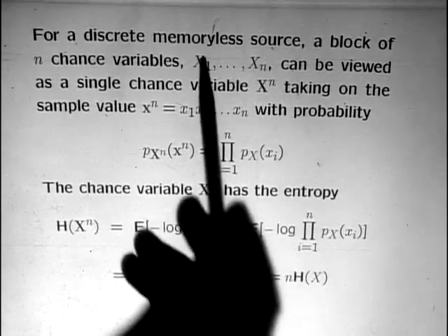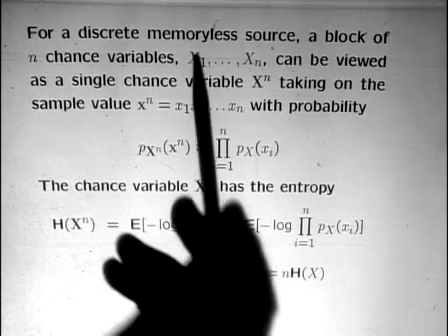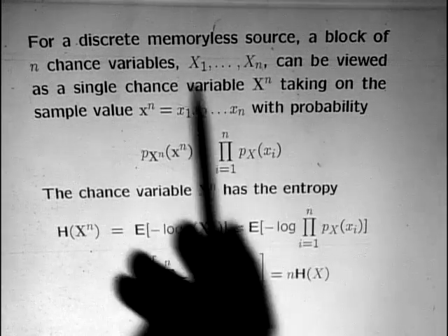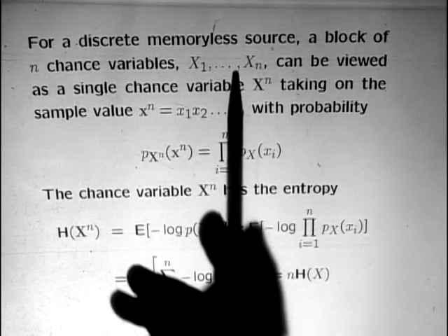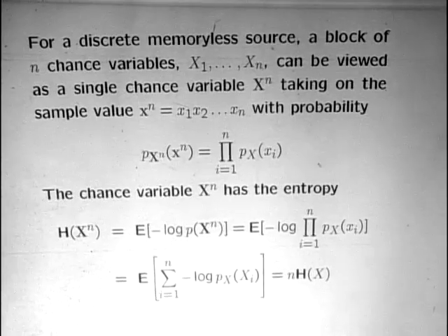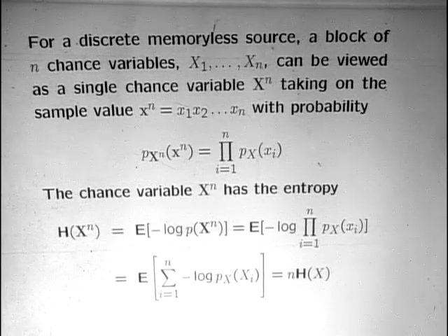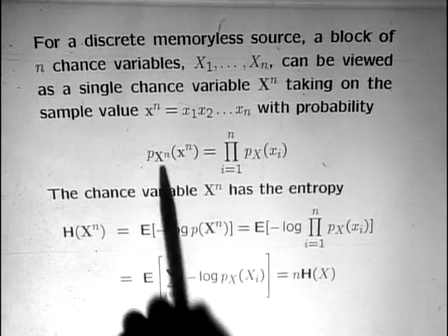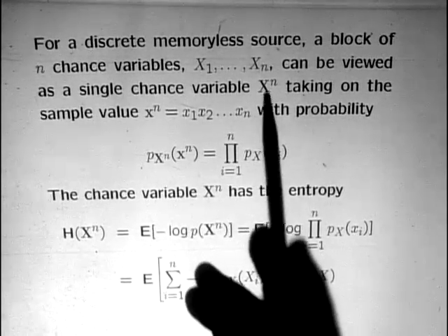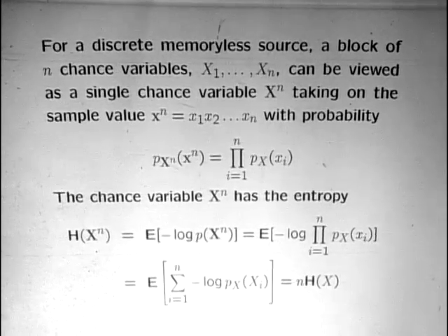If each one of these takes on M possible values, then this monster chance variable can take on M to the n possible values, namely each possible string of n symbols where each one is a choice from the integers 1 to capital M. So we're talking about tuples of numbers now. And those are the values that this particular chance variable x sub n takes on.